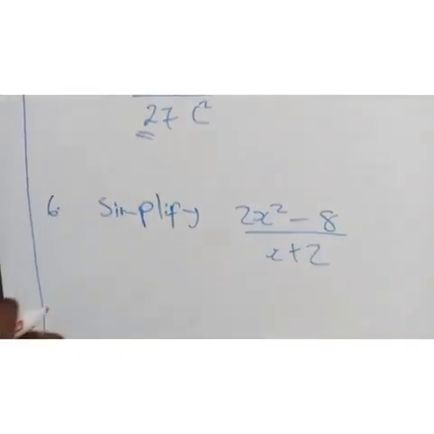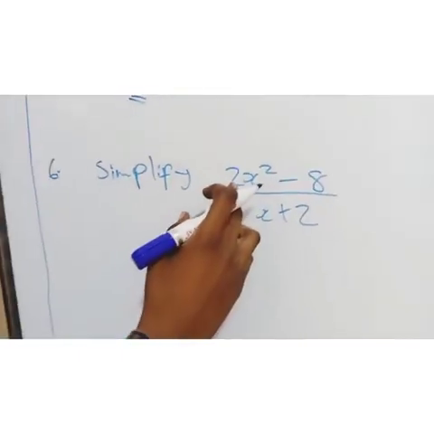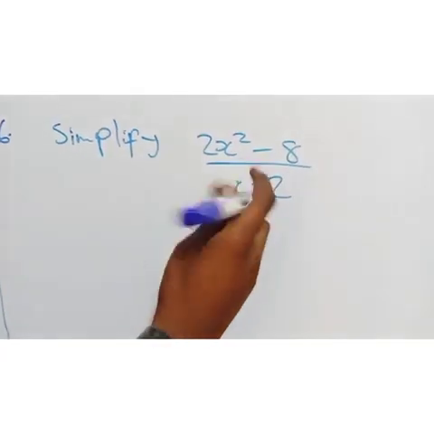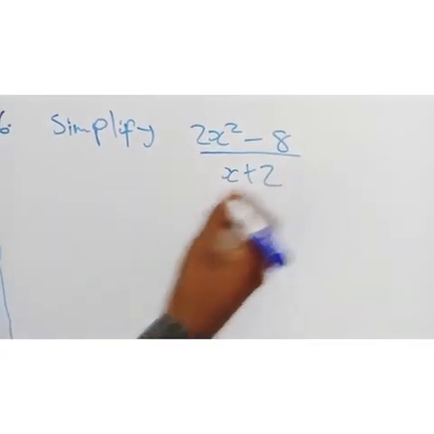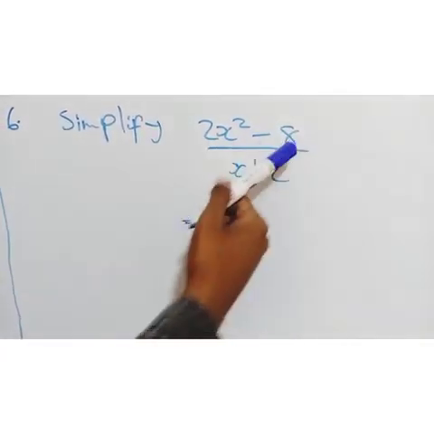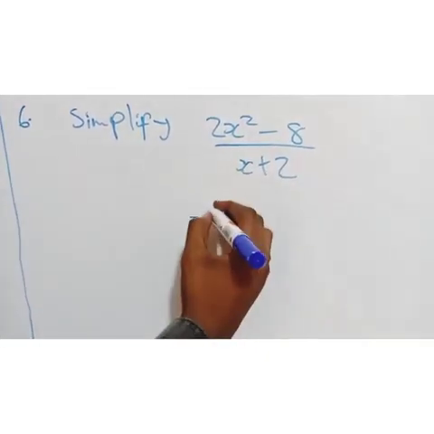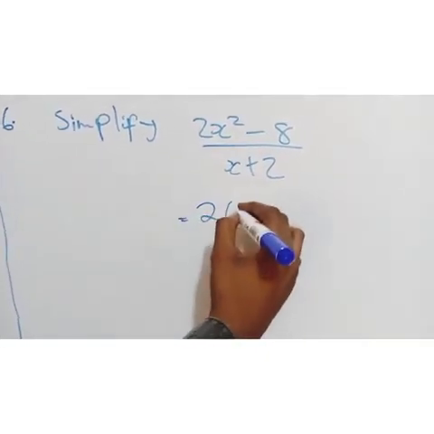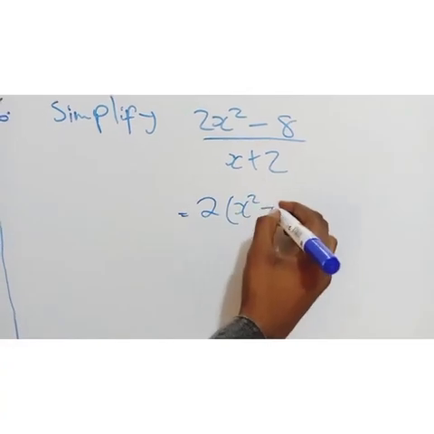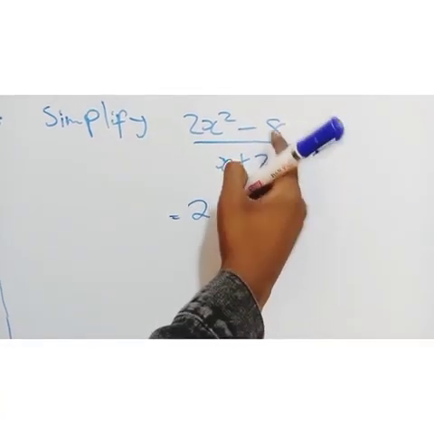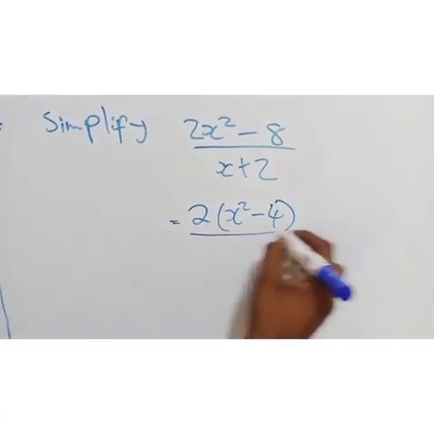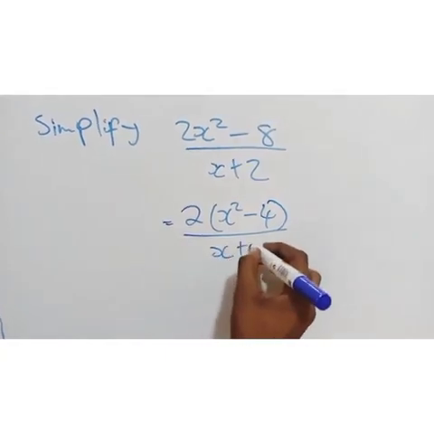Our final example. So we have 2x squared minus 8 over x plus 2. What we do here, as I said, you factorize. So you have 2 times x squared minus 4, over x plus 2.